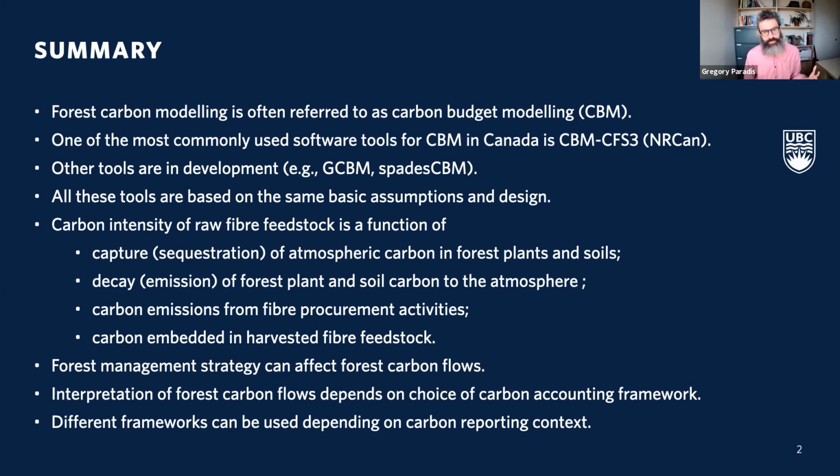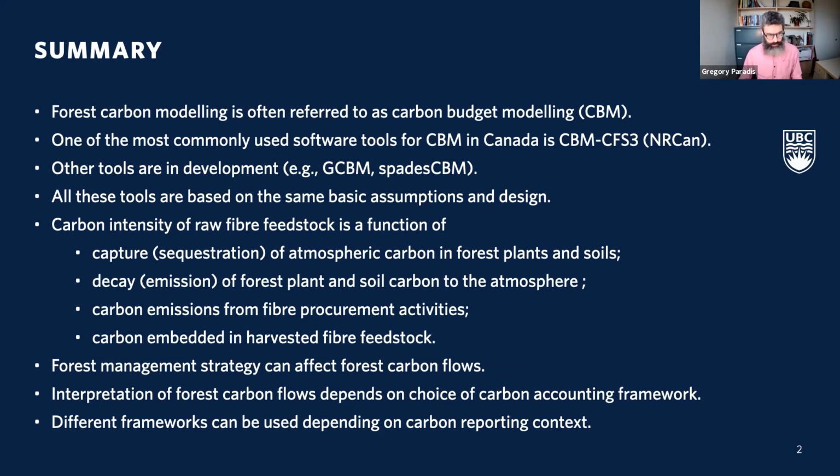So the carbon intensity of raw fiber feedstock delivered to the mill's front gate, but not yet transformed by a primary production facility, is basically a function of four things. There's a process of capture or sequestration of atmospheric carbon in forest plants and soils through photosynthesis. There's a process of decay, which emits forest, plant, and soil carbon back into the atmosphere, which is just a natural process of dead biomass decomposing, mostly through oxidation.